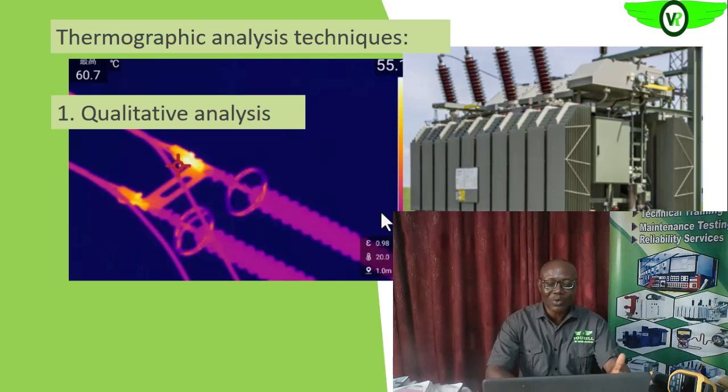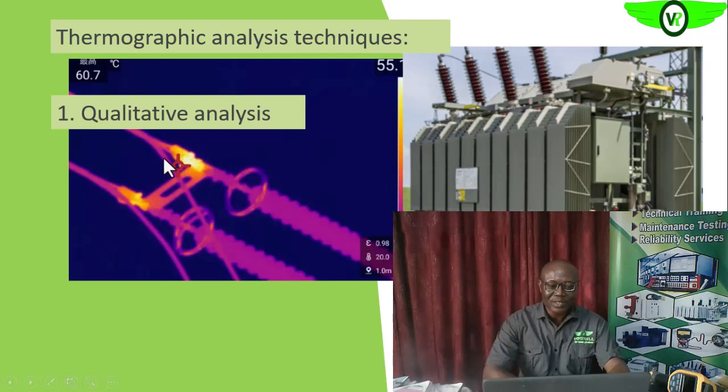That is the qualitative analysis. Like looking at the normal temperature gradient, looking at the thermogram to see if you have hot spots and what have you. All of those fall into qualitative analysis, and that is what we are seeing here.